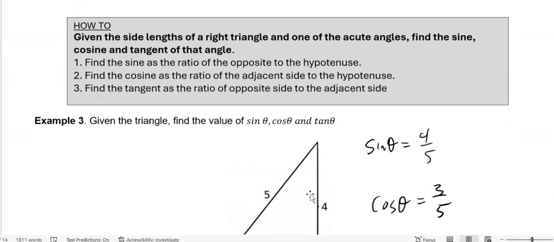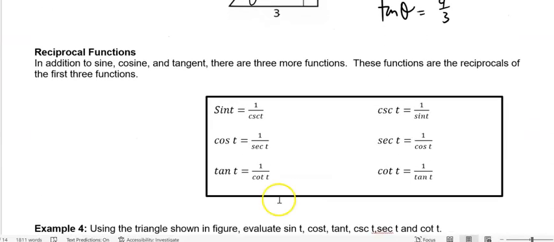Sine, cosine, tangent. And we got some new guys: the cosecant, the secant, and the cotangent. And those are just the reciprocal functions. Reciprocal just means 1 over that function, or flip the fraction upside down.